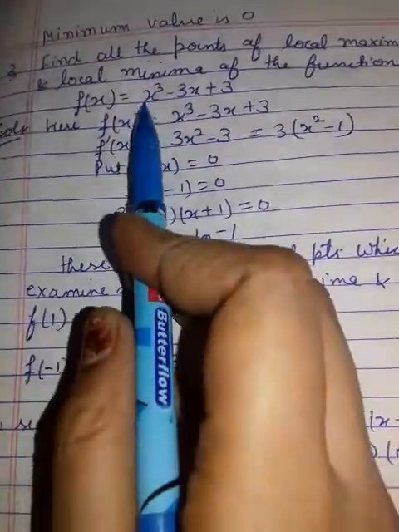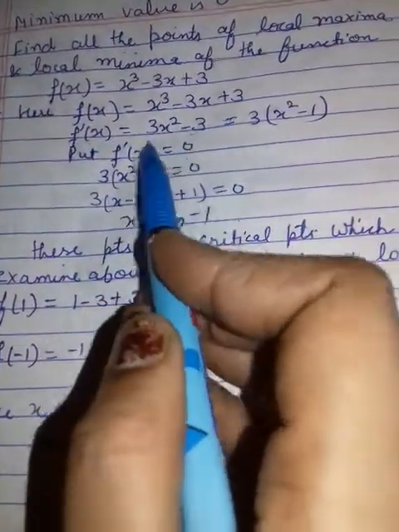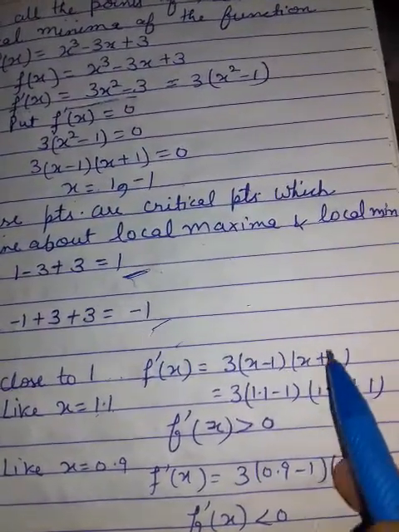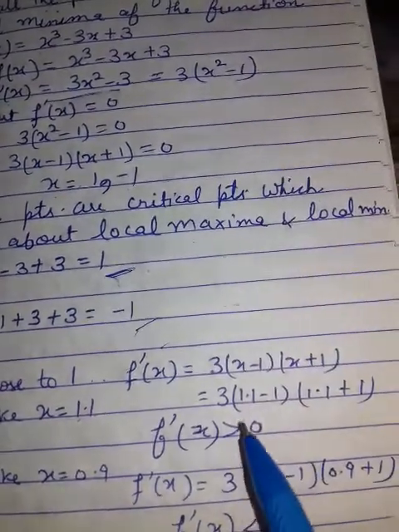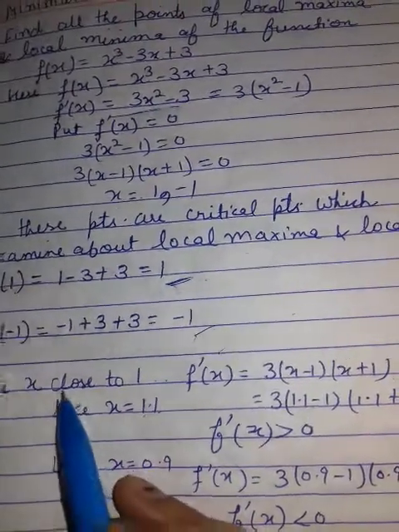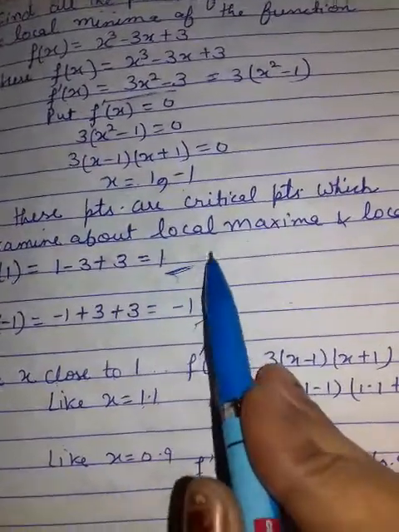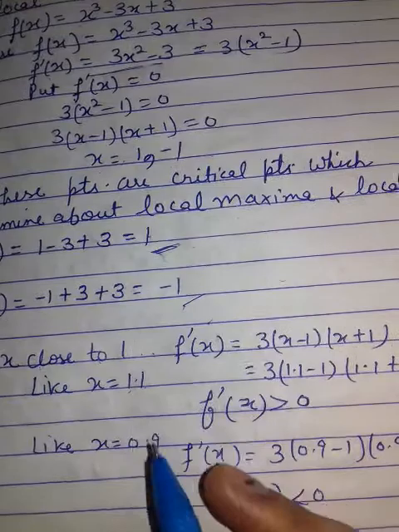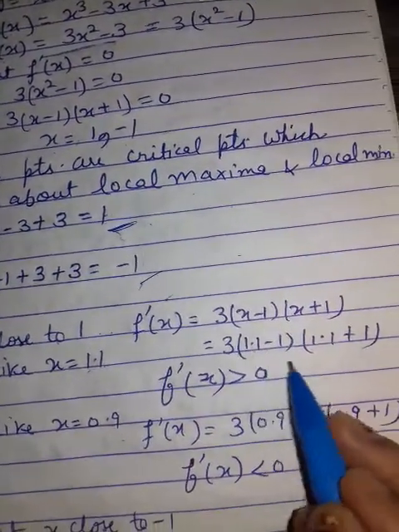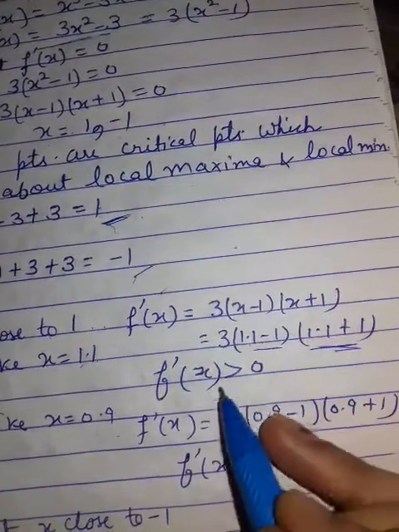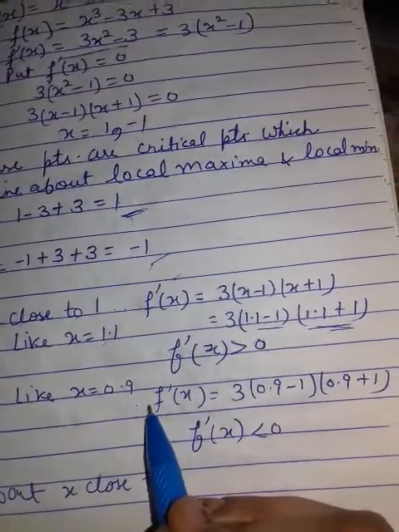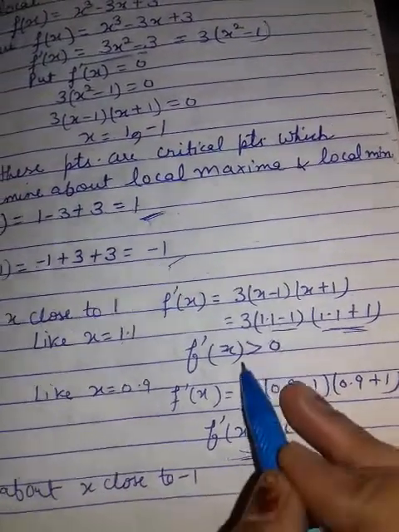You will put this value in f dash x. I opened x square minus 1 using the identity a plus b, a minus b. Then I put the value of x slightly greater than 1, then slightly less than 1. You will see this value is greater than 0, and when we put 0.9, you get less than 0.